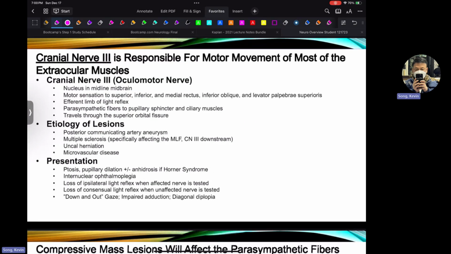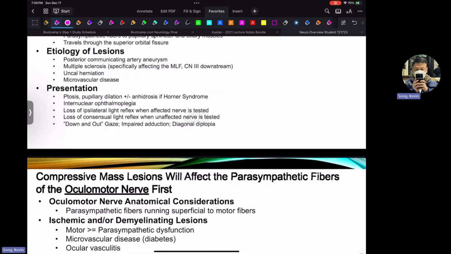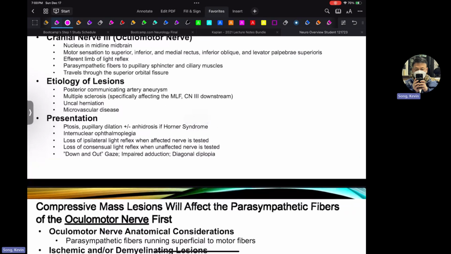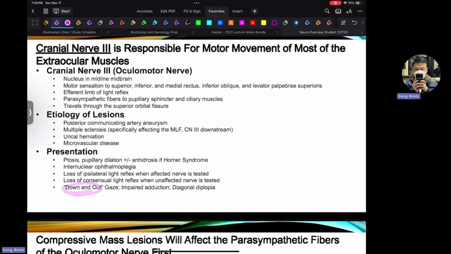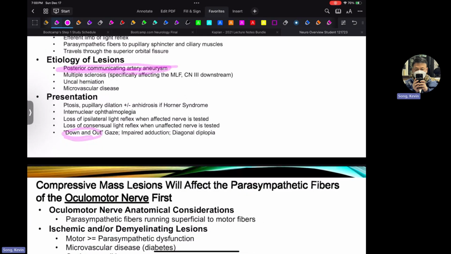All right. And then there are the cranial nerves, and I'll skip this one because you already know these. Just know "down and out," and also the locations, like posterior PICA, right? Posterior communicating artery. Posterior communicating is basically here, this thing. So what is it?